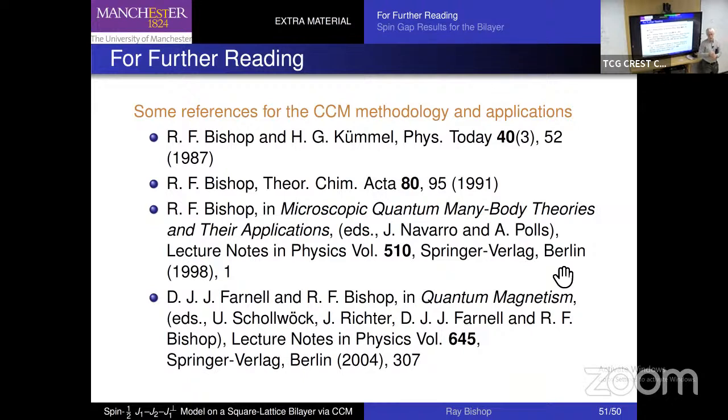And the sorts of things you can imagine doing are using your knowledge of classical field theories or classical mechanics, for example, to try to invent different truncation schemes.